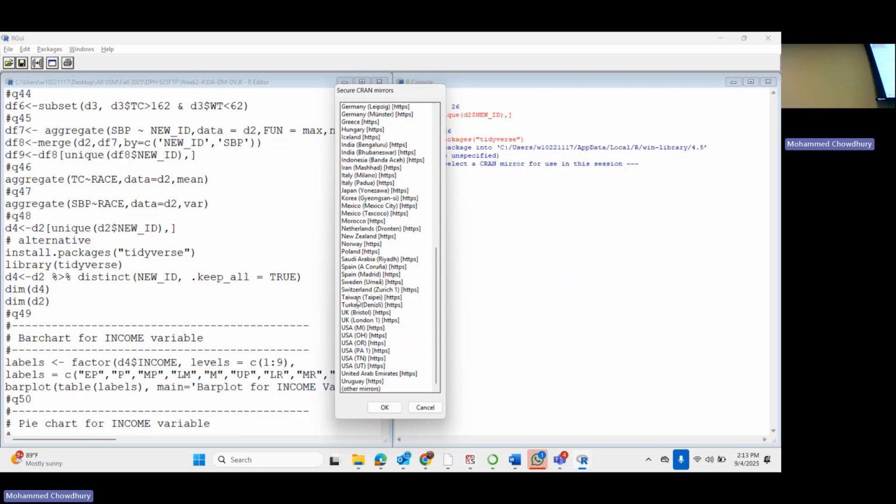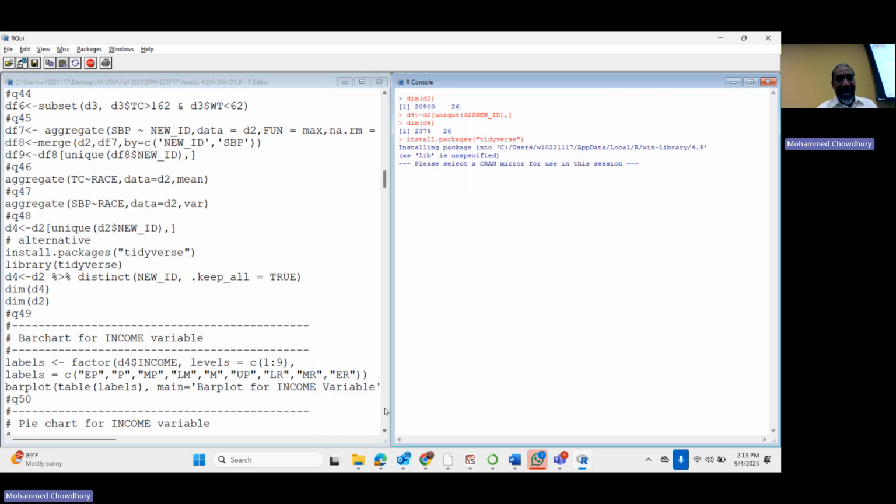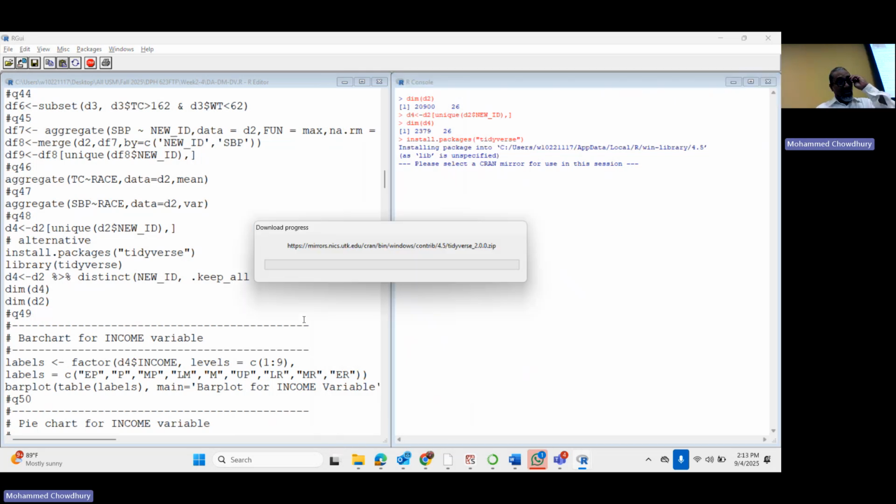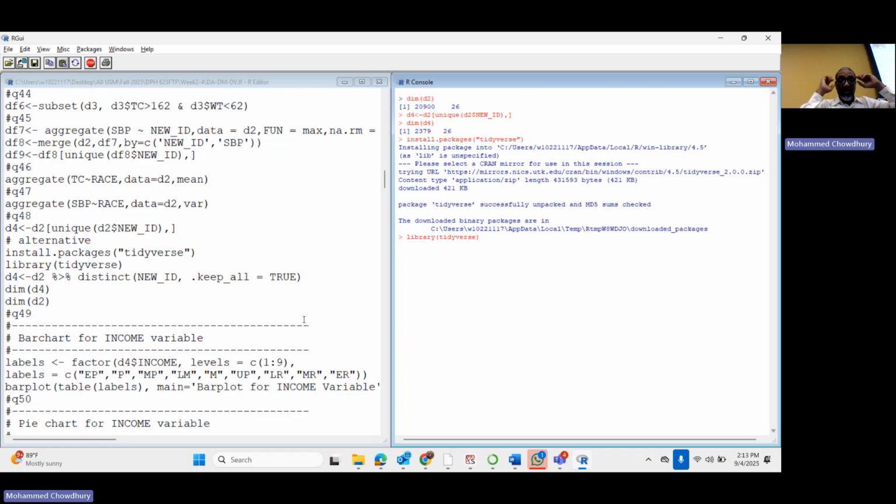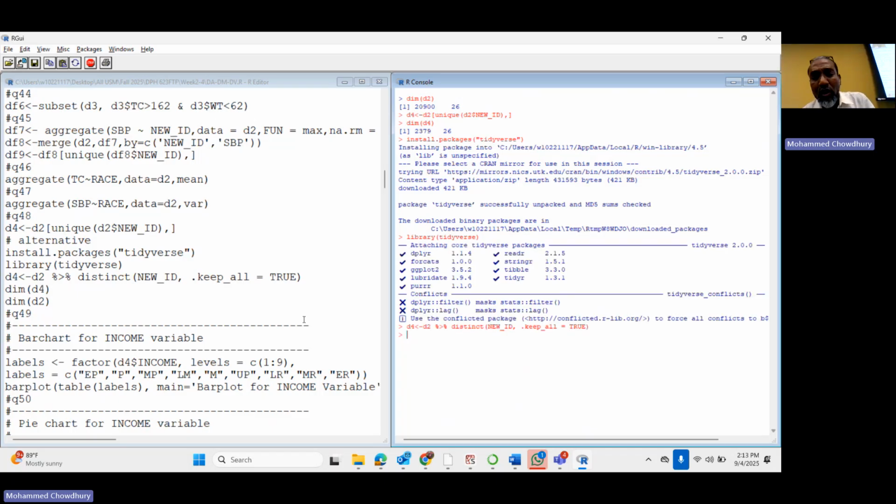I think this is Utah, this is Tennessee, Pennsylvania, Oregon, Ohio, Michigan. But sometimes people do it just in London. So our closest one is Tennessee, right? Tennessee is the closest. So I can go there and take Tennessee. This is the CRAN mirror, or also known as the hub, where all the repository is. So all packages, everything is set up there. So this is the alternative way we can do this.